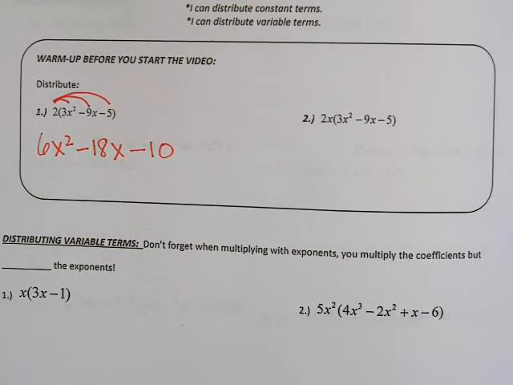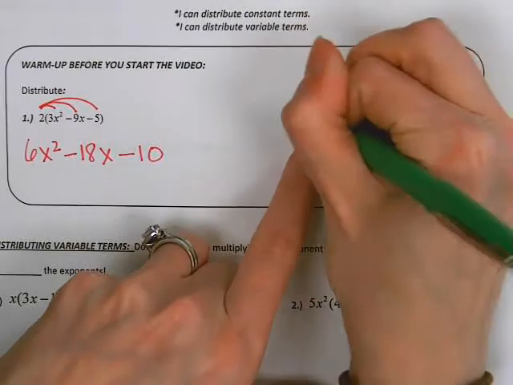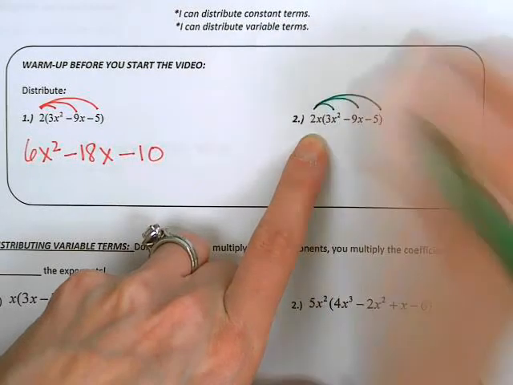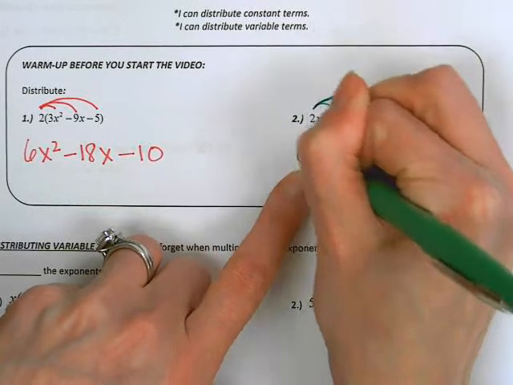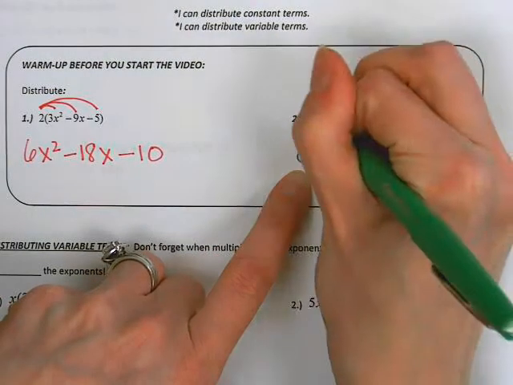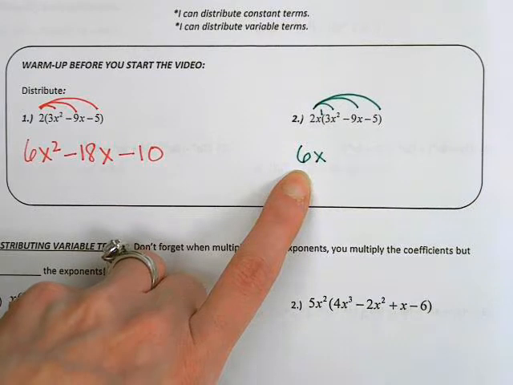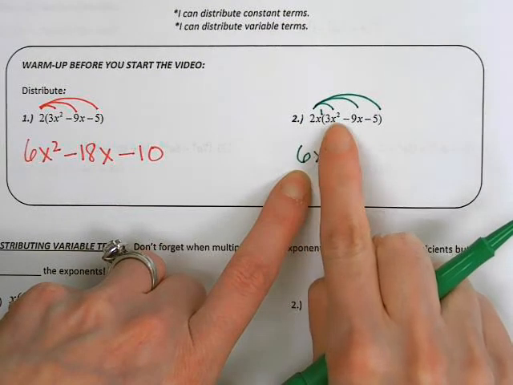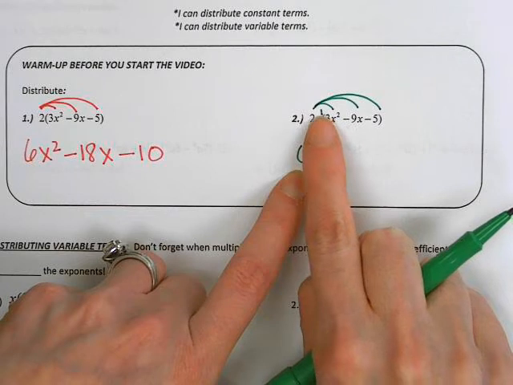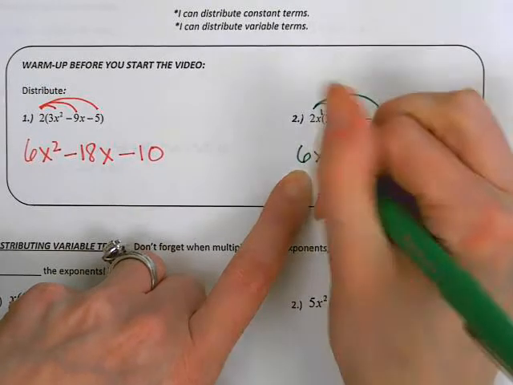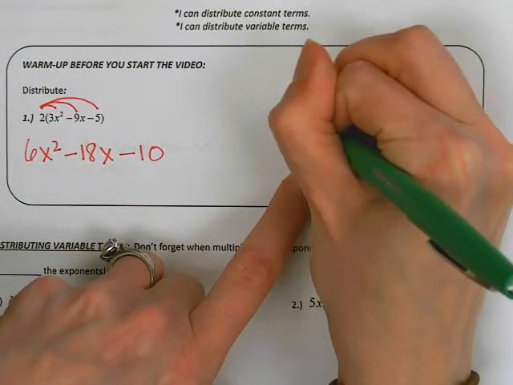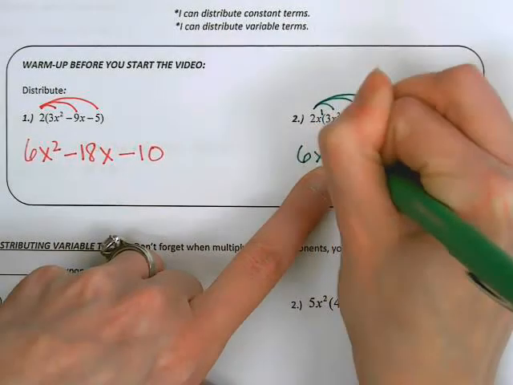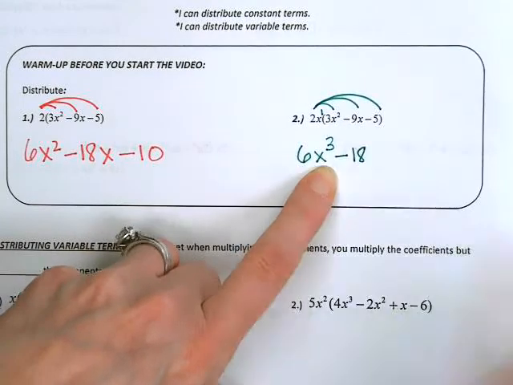Now the next one's harder. Multiply everything by 2x. So how does that change the problem? Well, let's see. Now 2 times 3 is still 6, but how many x's do we have now? Remember, last semester, if you multiply exponents, you actually add. So 1 plus 2 is 3. All right, on to the next one. 2 times negative 9 is still negative 18, but how many x's?